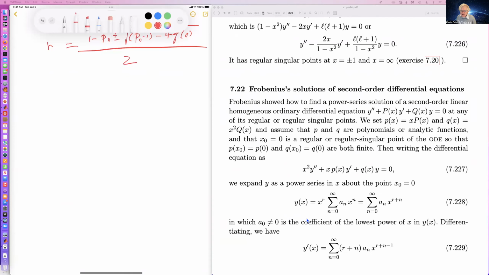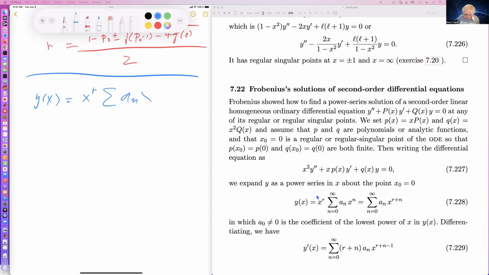Well, all right, here. So we eventually are going to set y of x equals this, an infinite sum, a sub n, x to the n. So then we get recursion relations for the a_n's. And then we look at this series. And what often happens in quantum mechanics is that y of x then is x to the r, sum a sub n, x to the n, from 0 to infinity, and we find out what the a_n's are.